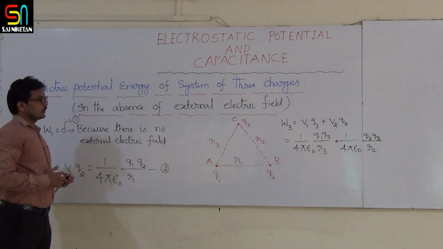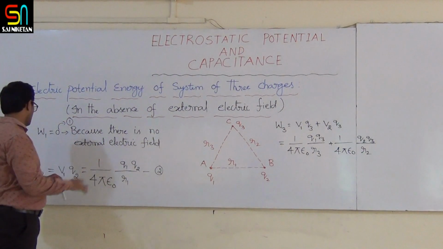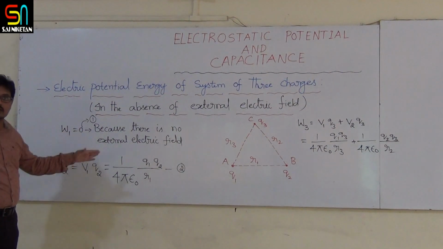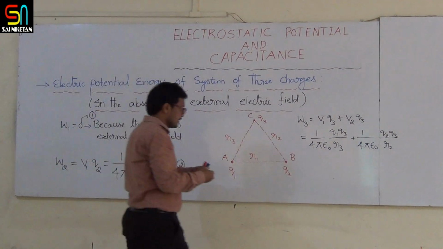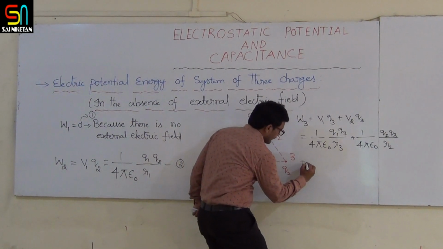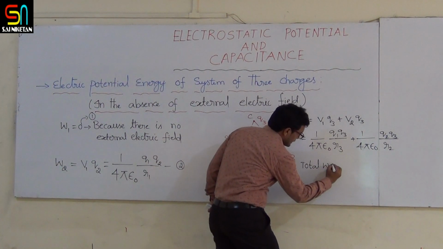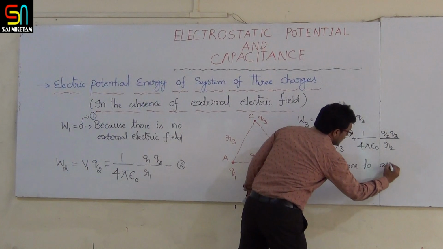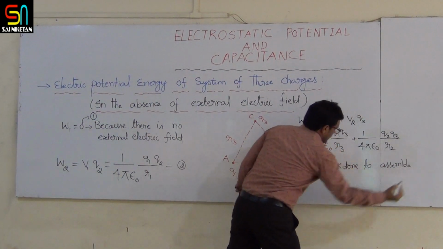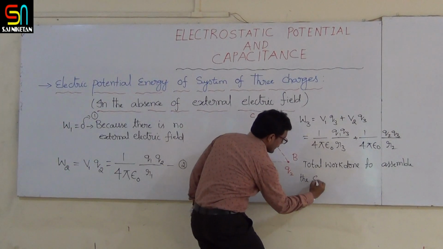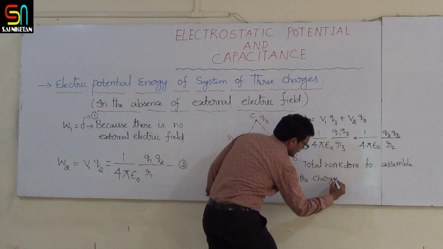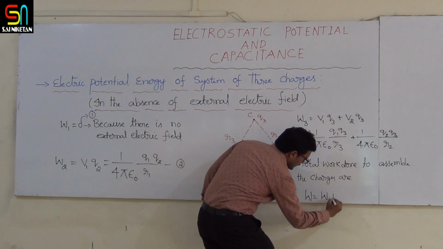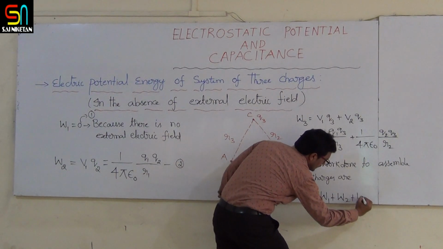Now we arrange all 3 charges. Then what will be the total work done to assemble all the charges? The total work done is W equal to W1 plus W2 plus W3.